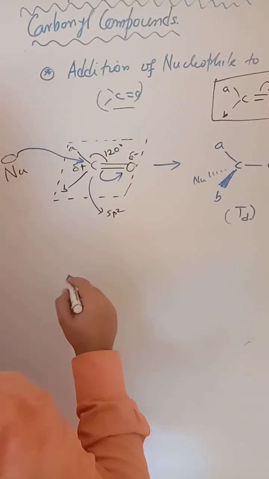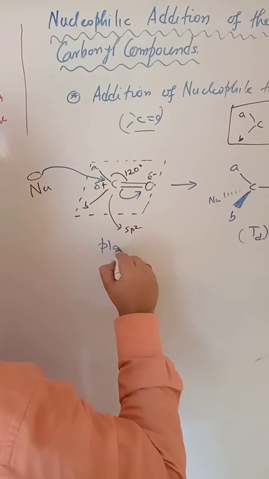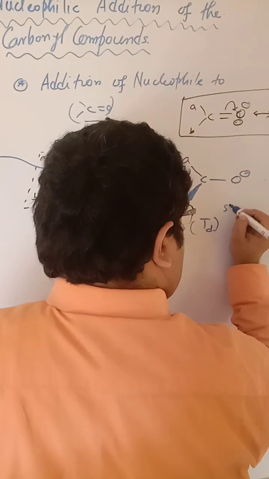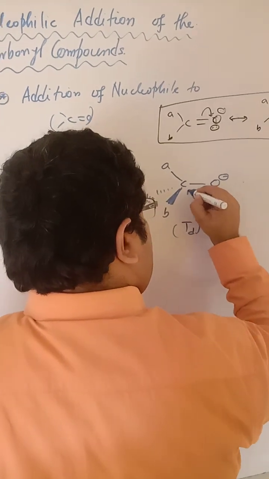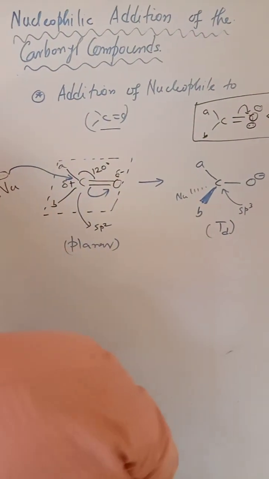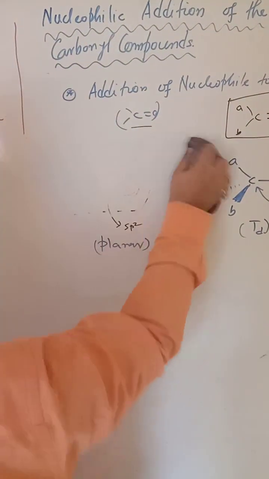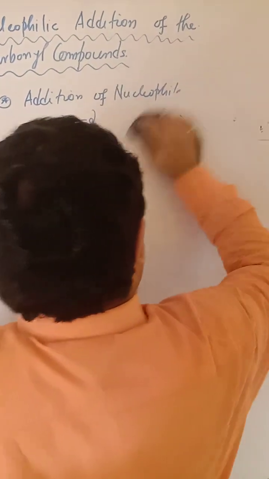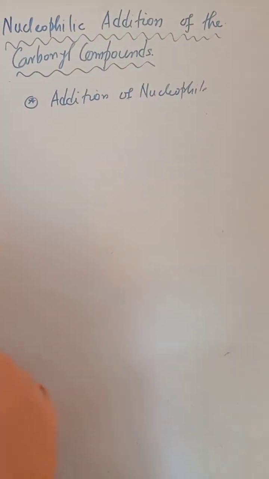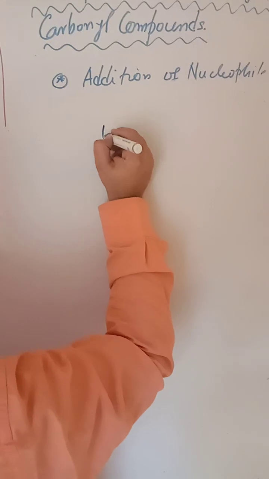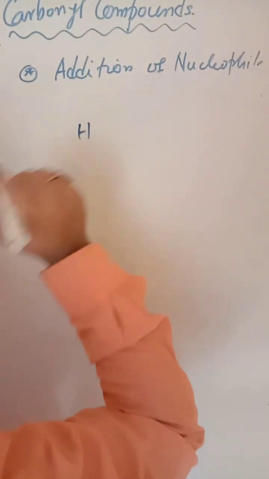So naturally the symmetry changes from trigonal planar to tetrahedral, and the hybridization of this carbon changes from sp2 to sp3. Now if we take a good example, the example will be addition of hydrogen cyanide, HCN, to a carbonyl group. So the first step is how to get the CN minus.